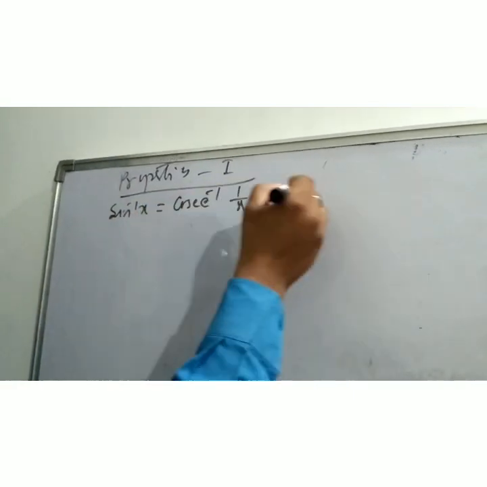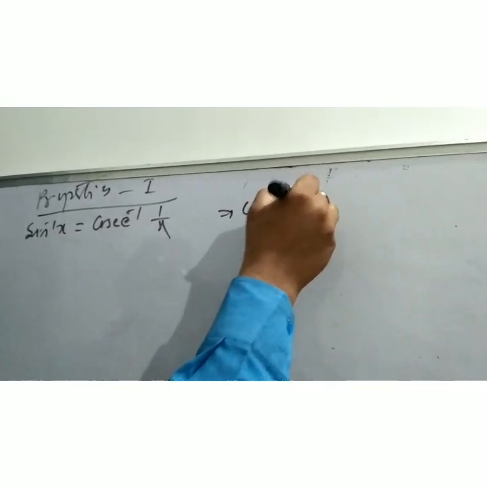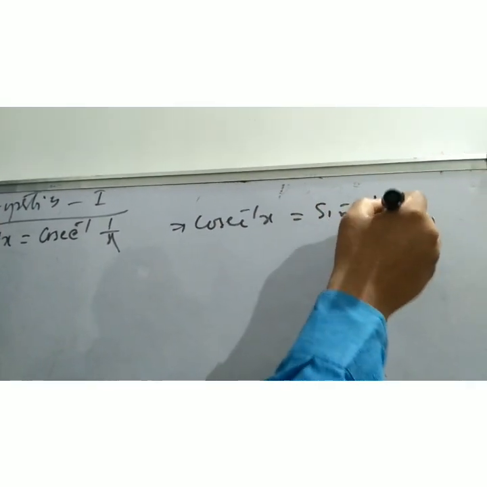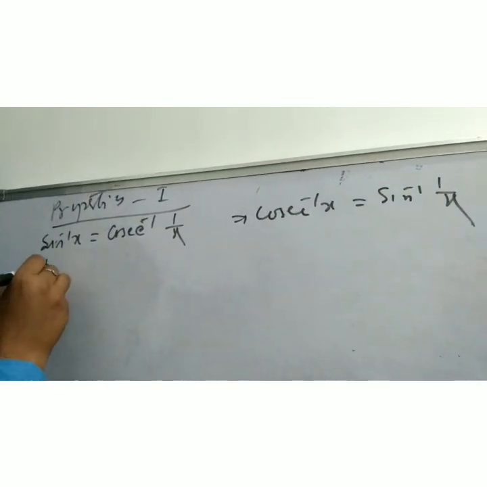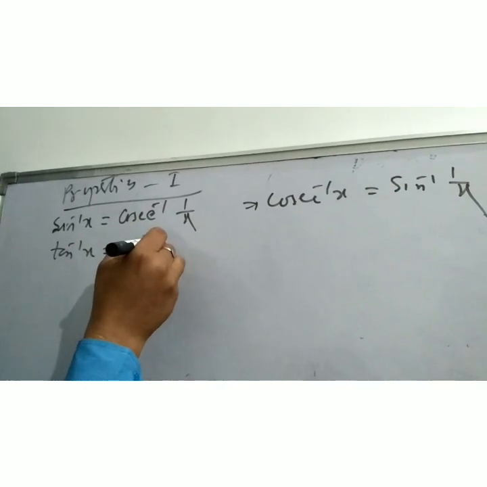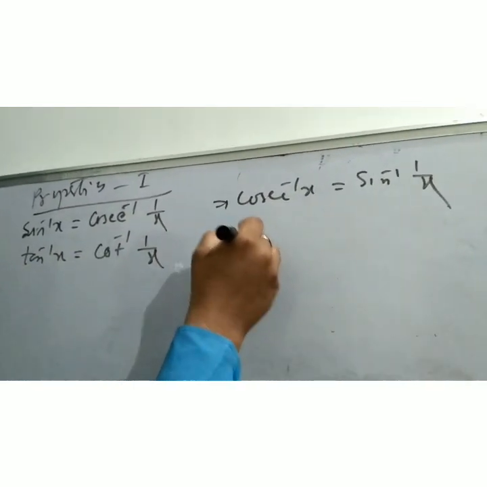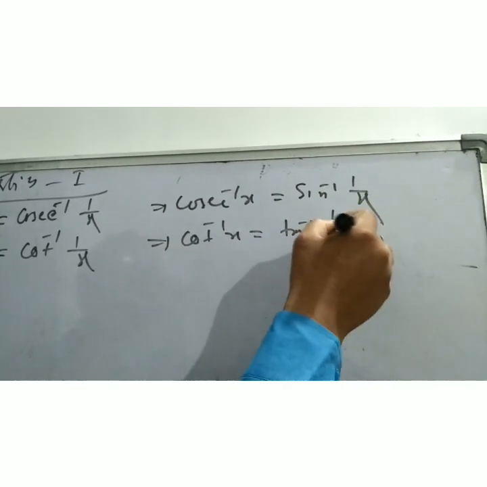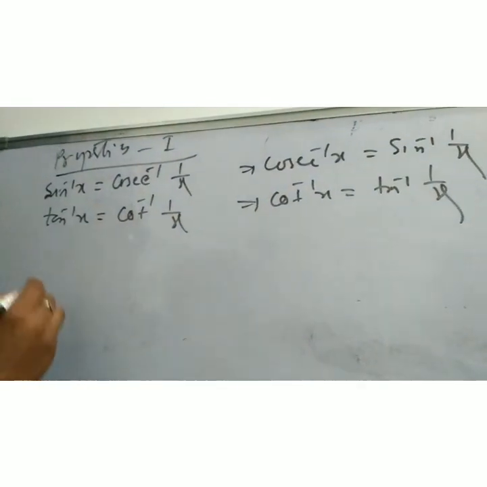Similarly, cosec inverse x is equal to sin inverse 1 by x. Similarly, tan inverse x is equal to cot inverse 1 by x. Again, cot inverse x is equal to tan inverse 1 by x.